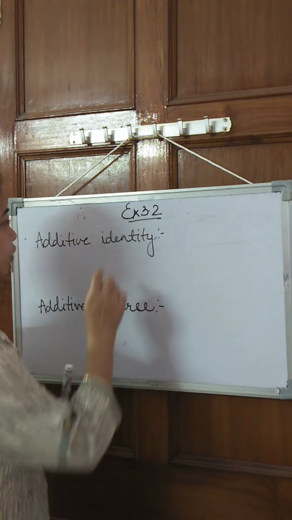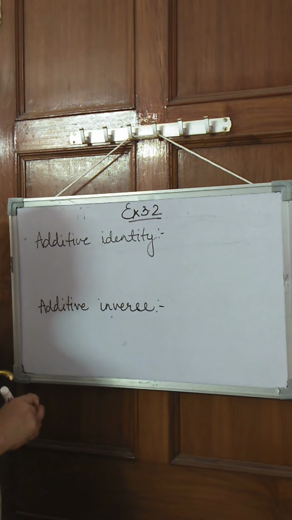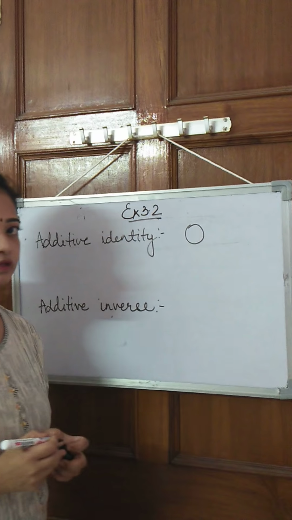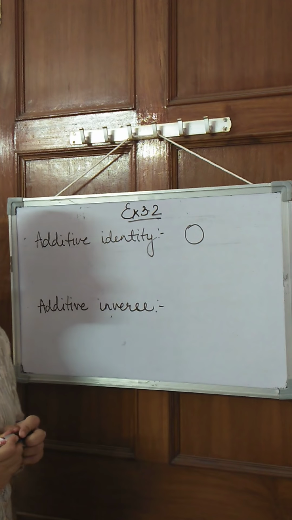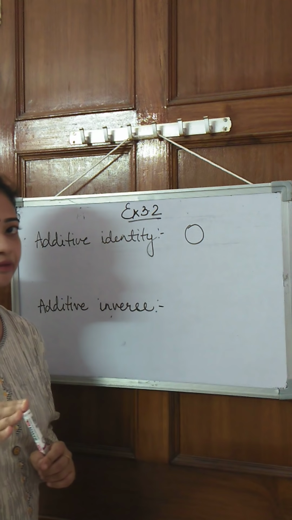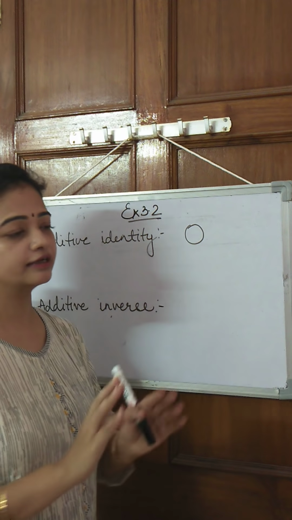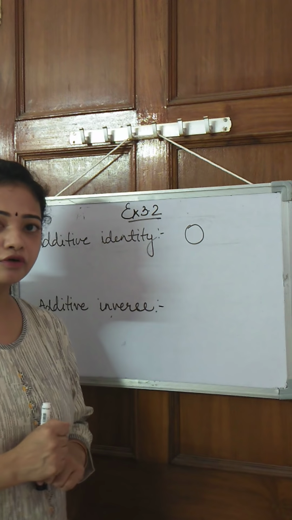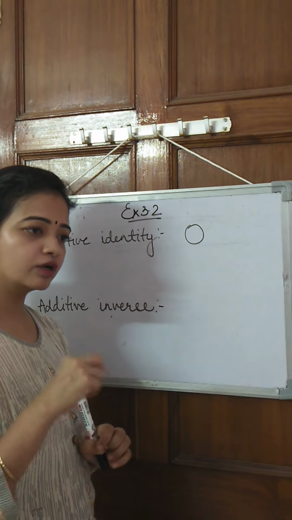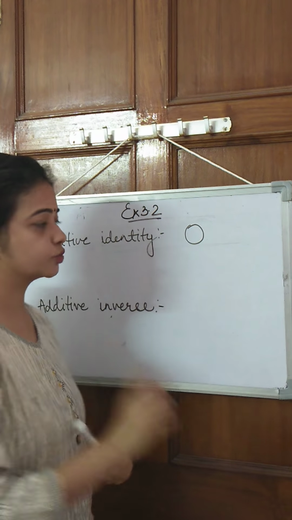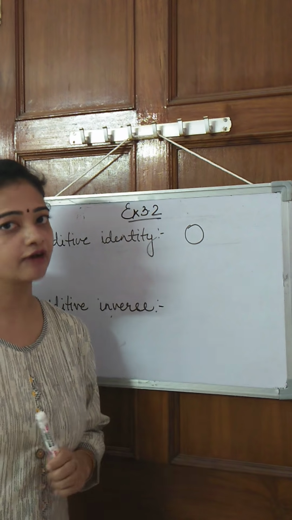So what is additive identity? Additive identity of any number is 0. And why am I saying that additive identity of any number is 0? Because when you add 0 to any number, it never changes the identity of the number. The number remains the same. That is why 0 is called additive identity.